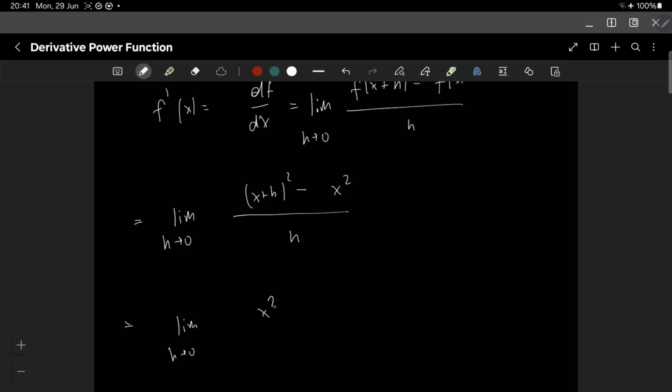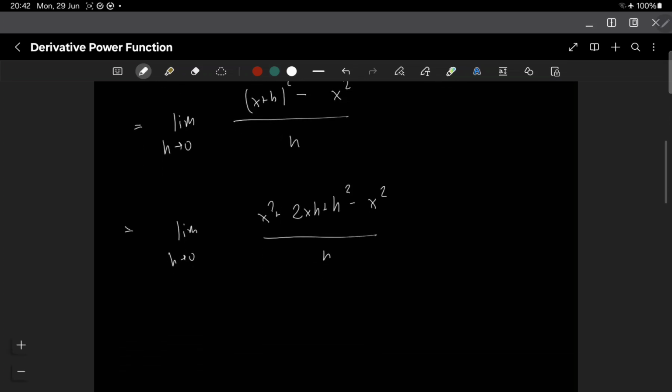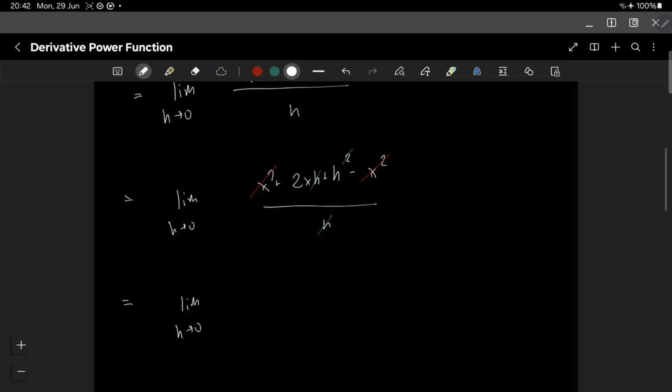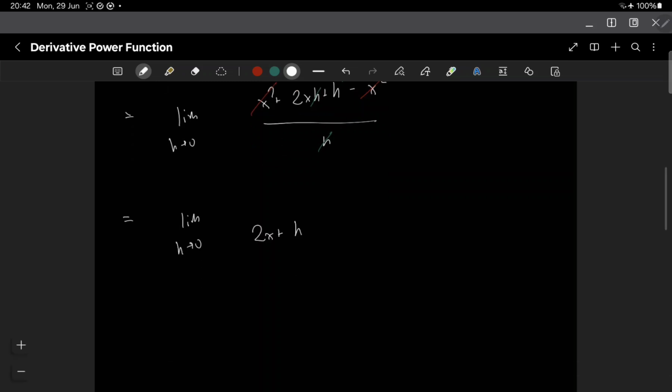So this is x squared plus 2xh plus h squared minus x squared, divided by h. Immediately you see the x squared cancels, and the h and the h squared cancel with the h. So we're left with the limit as h tends to 0 of 2x plus h.